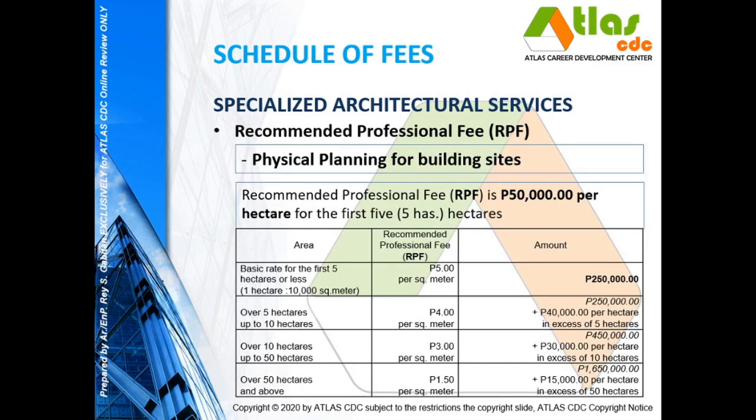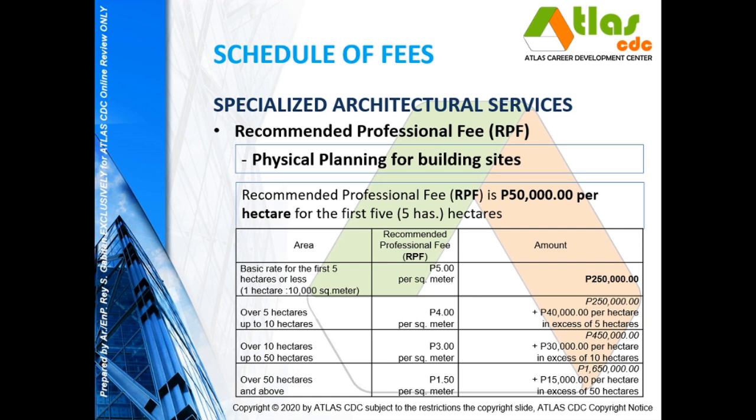For physical planning for building sites, this is another specialized architectural service. The recommended professional fee is 50,000 per hectare for the first 5 hectares, which means that per square meter it will be at 5 pesos, because 1 hectare is 10,000 square meters, so 5 pesos times 10,000 will be 50,000 per hectare.